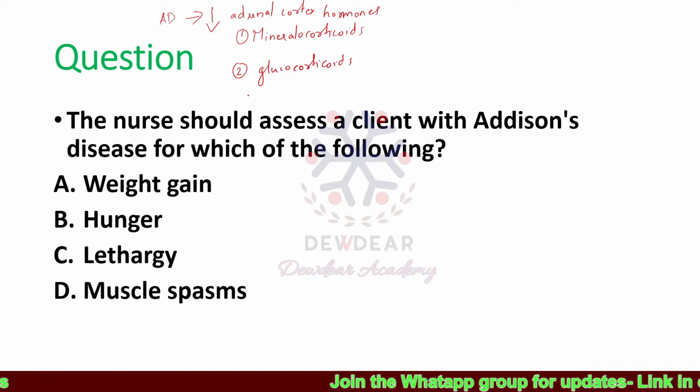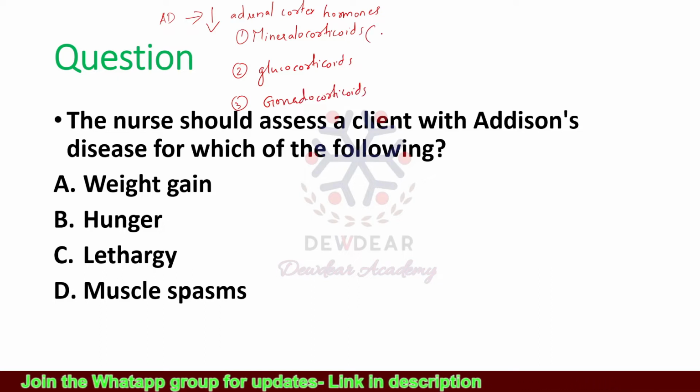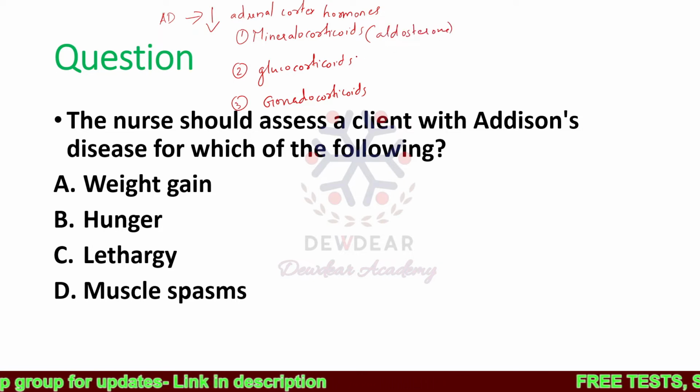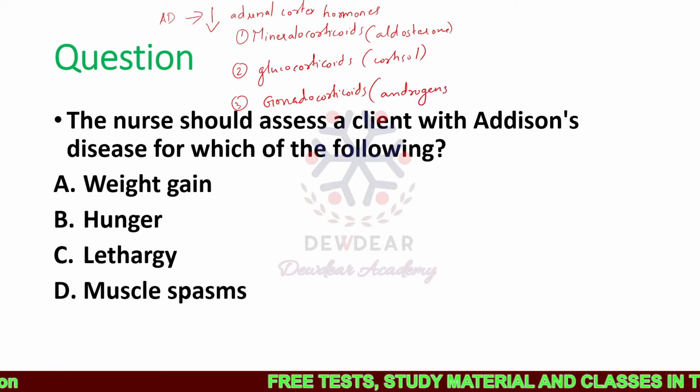And the third one is gonadocorticoids. Mineralocorticoids mainly include aldosterone. Glucocorticoids mainly include cortisol, and androgens are mainly included in the gonadocorticoids.